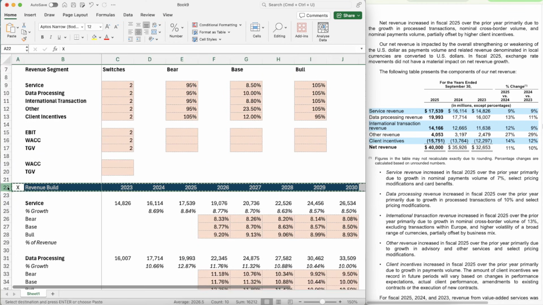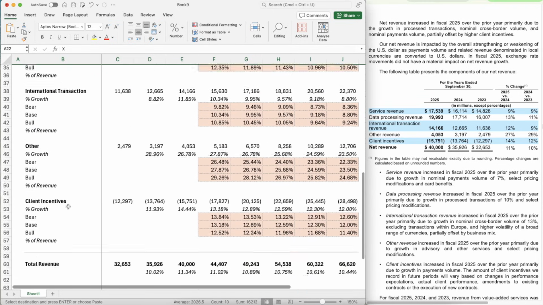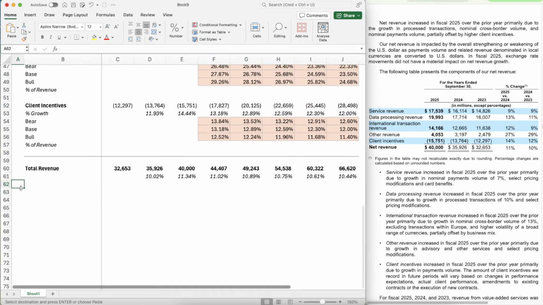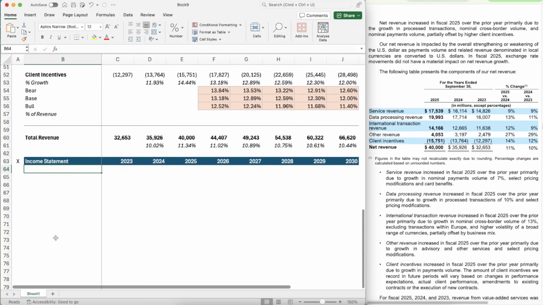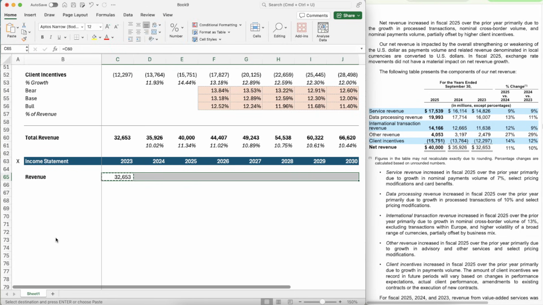Now we've done the revenue build, we're going to move on to the income statement. The first part of the income statement we've already done because the line is revenue. You go equals and always make it equal to what we've done above.